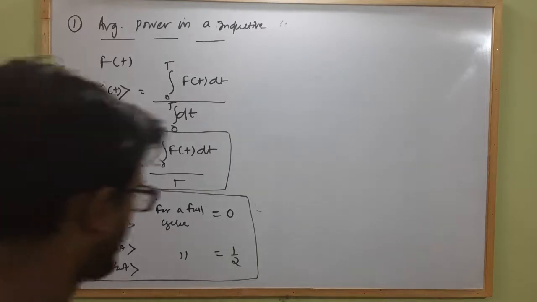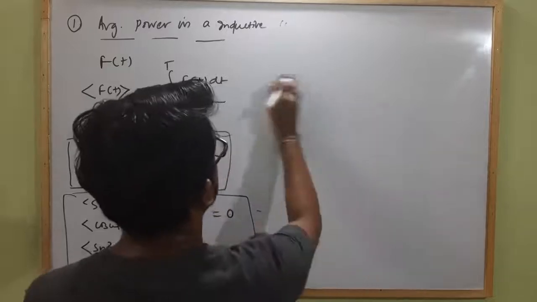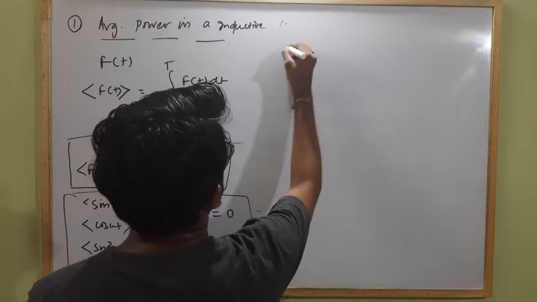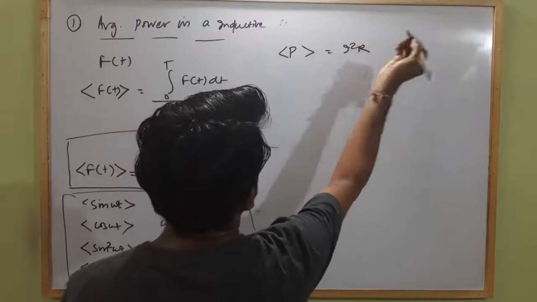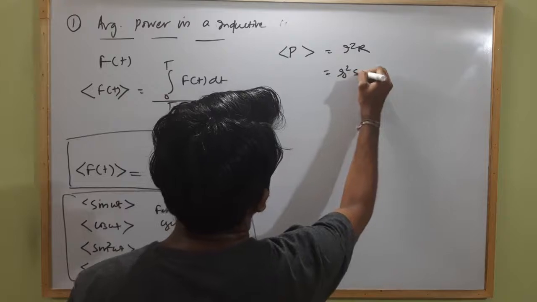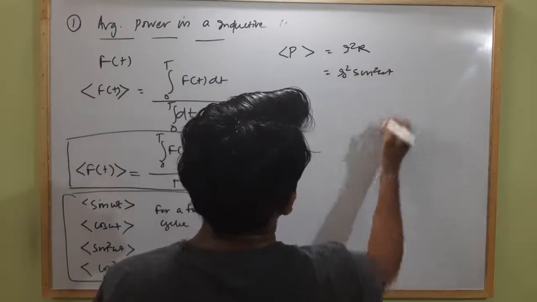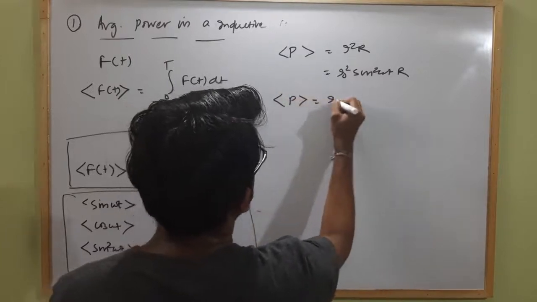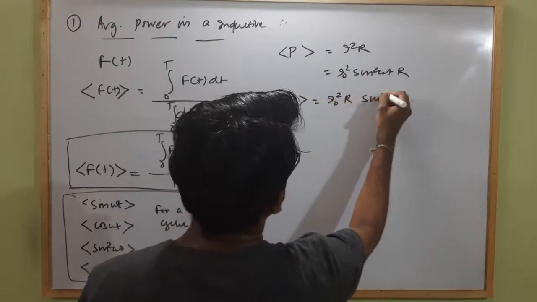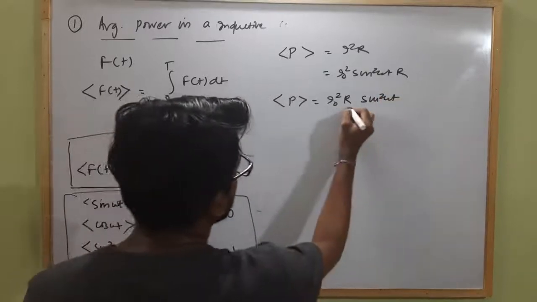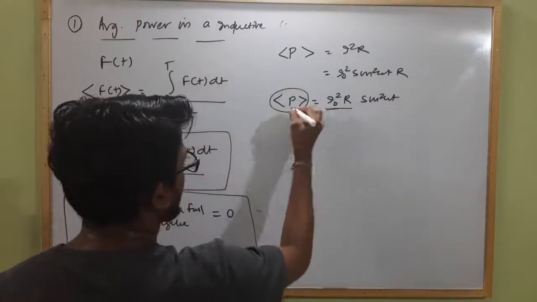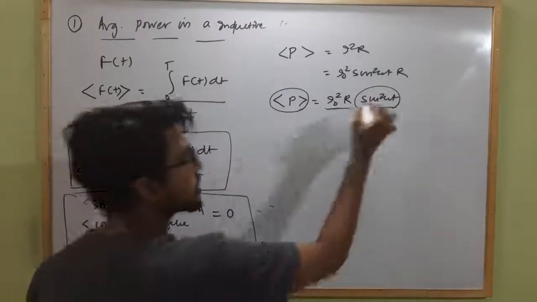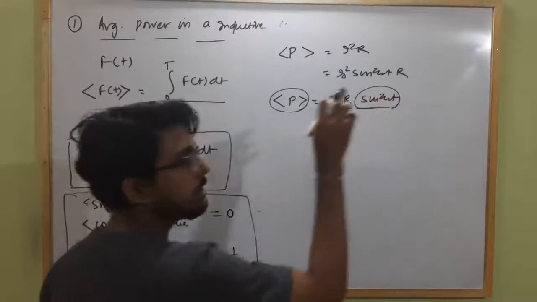For a resistive circuit, as we already know, P average equals I square R, that is I naught square sin square omega t into R. So here I naught square is a constant, so for the calculation of average power we have to find the average value of sin square omega t, because sin square omega t is a function which varies with respect to time.